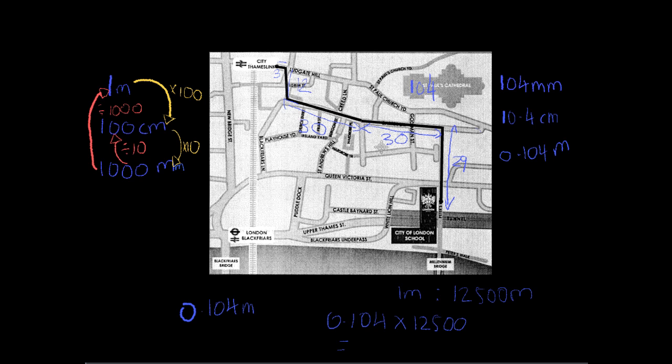And this, when you work it out, is 1300. Now, if you're having trouble with the calculation, I would recommend that you review the videos on long multiplication and decimal place.